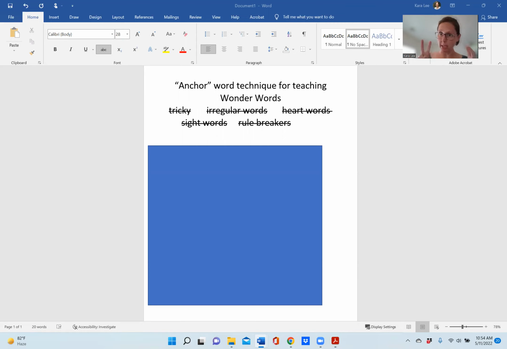I mean, if they could memorize words, then supposedly, these are words that they see a lot and use a lot in their speaking and writing. So if they could have memorized them, they would have. So I use this word wonder words because we wonder, why is that word spelled that way?